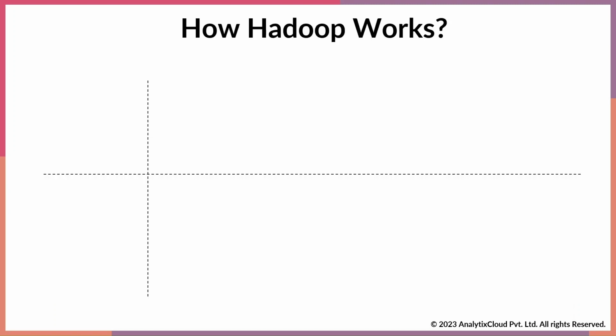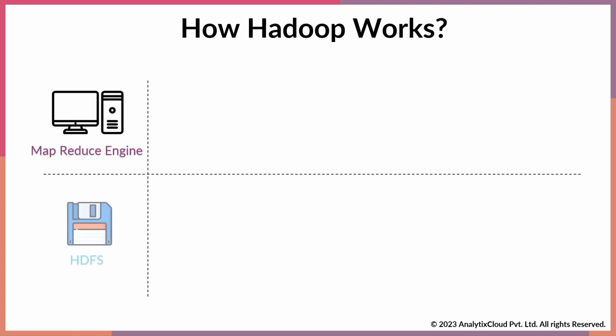So let's see how Hadoop works. Let's say we have some files stored in HDFS which are related to products. Now what we want to do is filter this file based on active and inactive products. Also, we want to do some kind of aggregations.